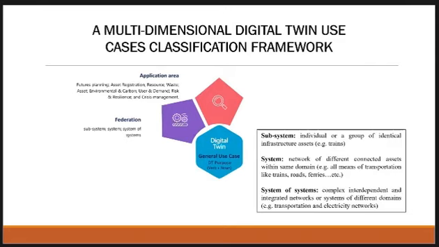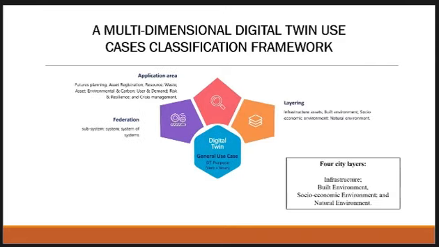So this is for the federation, and then comes the layering, and this is also another important feature of many digital twin use cases, where a digital twin may diffuse across different city layers. So we've been mainly talking about infrastructure, but infrastructure assets are just one layer within the urban environment.